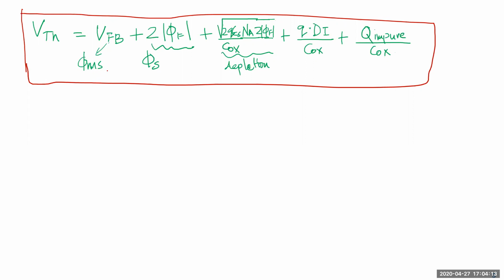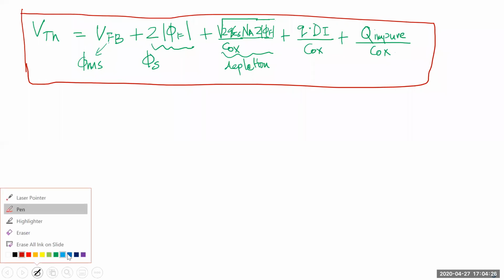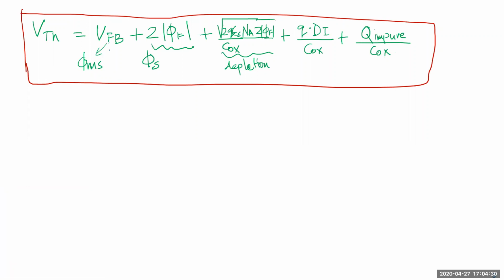Is it decided by physics, by the foundry, or can the designer control it? Can I take a transistor and change the flat band voltage? No, sir. Maybe the foundry. Somebody said yes. Yes, what? The designer can control it?